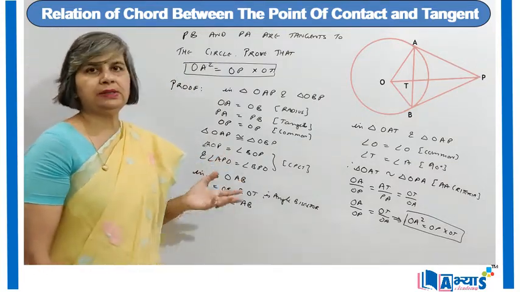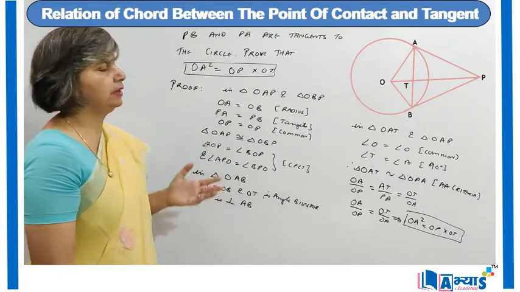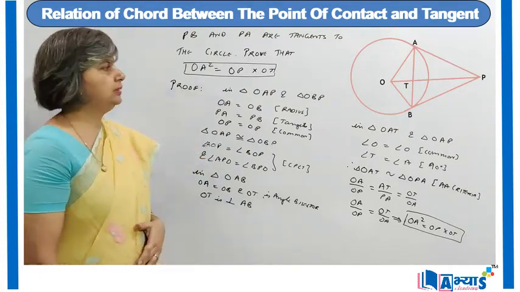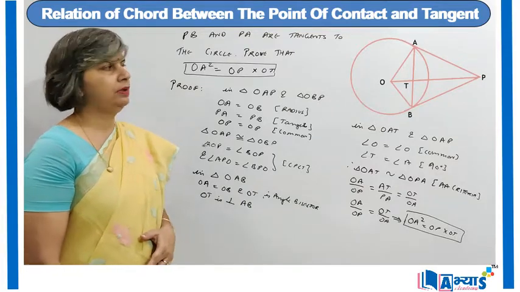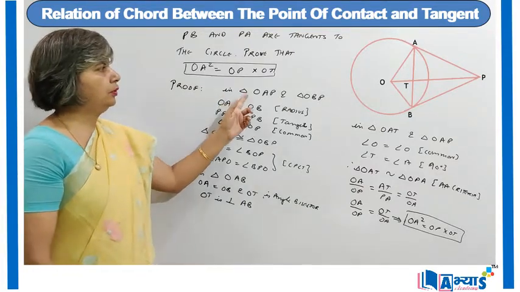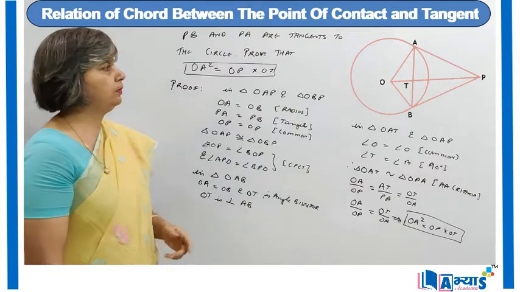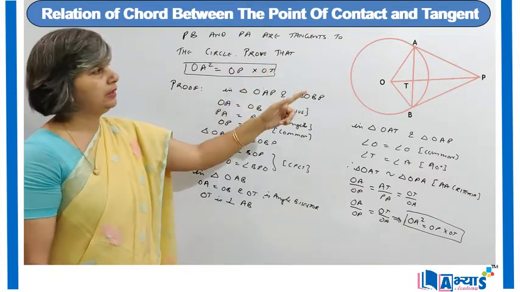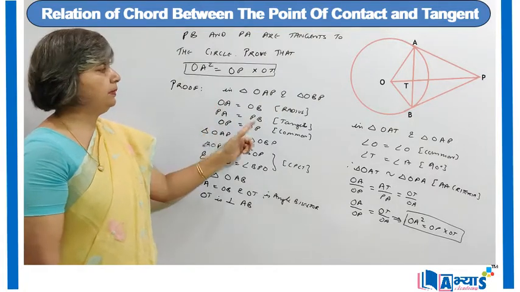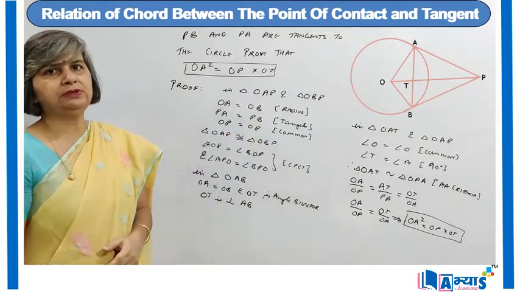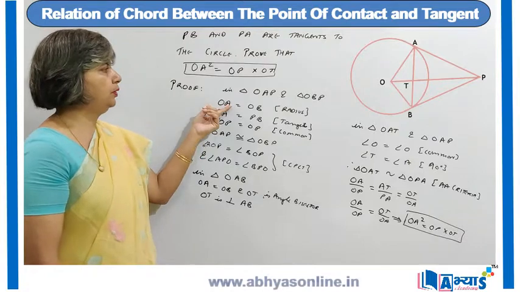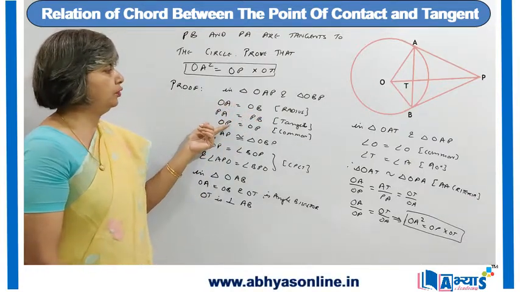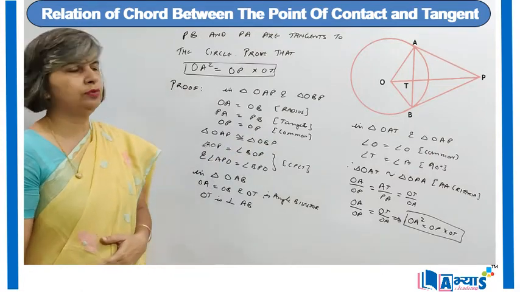So basically in this question we have taken the concept that the tangents are of equal length. So in triangle OAP and triangle OBP, from an external point P we have two tangents PA and PB. Now PA will be equal to PB because they are the tangents from an external point, and OA will be equal to OB because they are the radii of the circle, and OP is common in both the triangles.